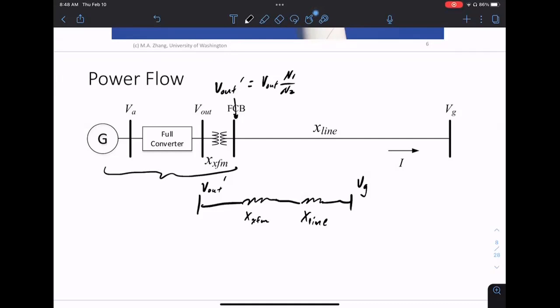I'm converting voltage anyways. Why am I then using a transformer to step this up? Why not just do this whole thing in one shot? So why is that? Why is it cheaper to have a transformer?